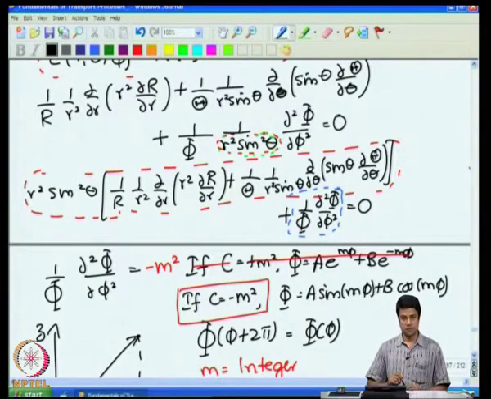The exponential functions will not satisfy this condition. The sine and cosine functions will satisfy this condition only if m is an integer. So, the physical requirement that you have the exact same value for the function at phi as well as at phi plus 2 pi restricts this constant to be minus m square, where m is an integer.